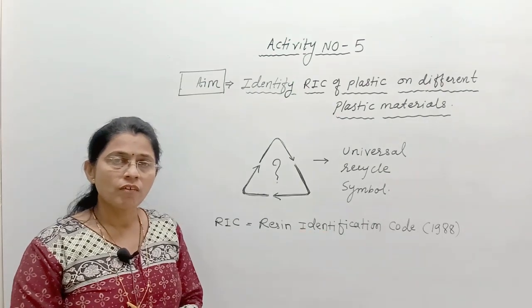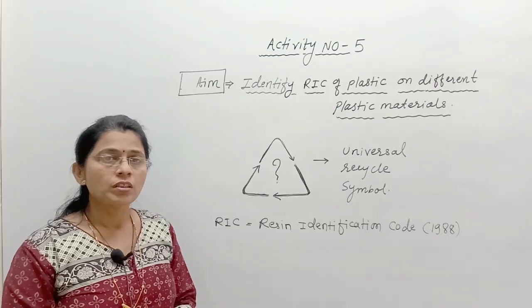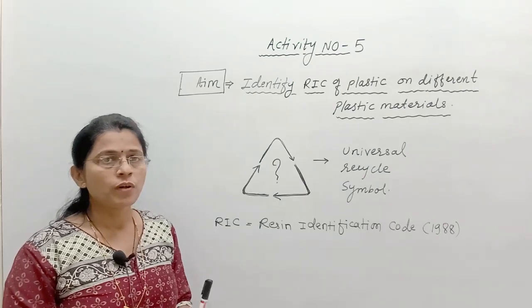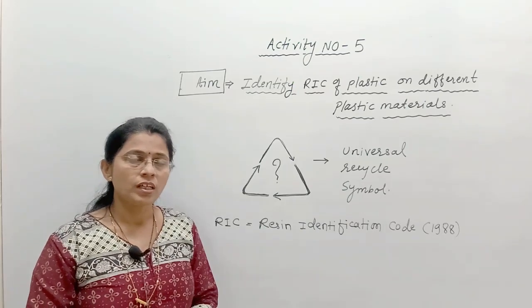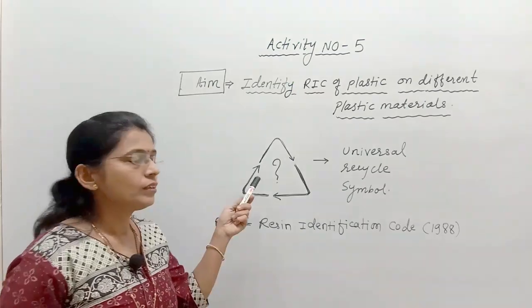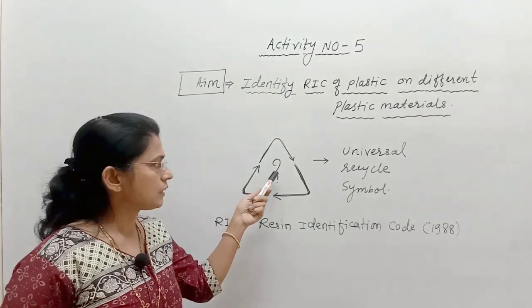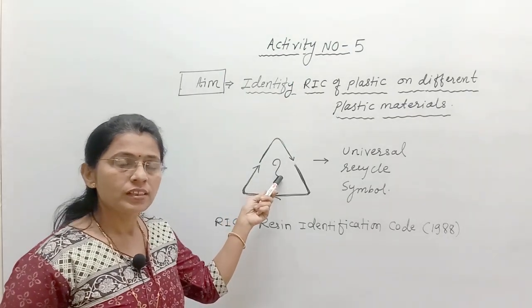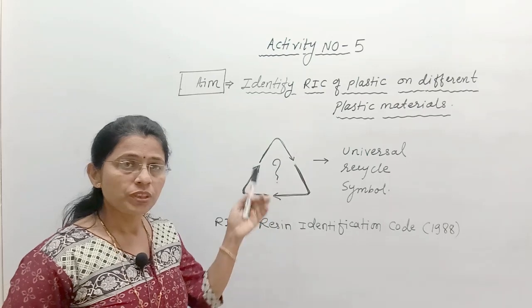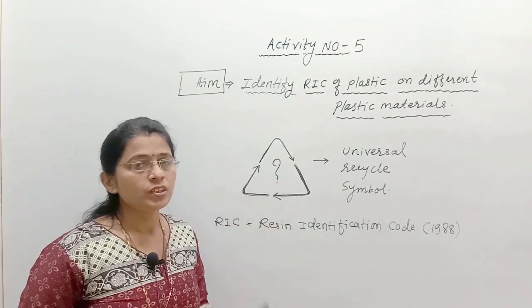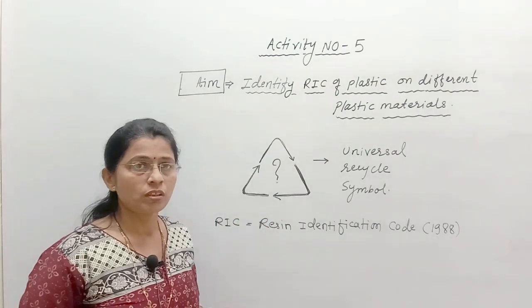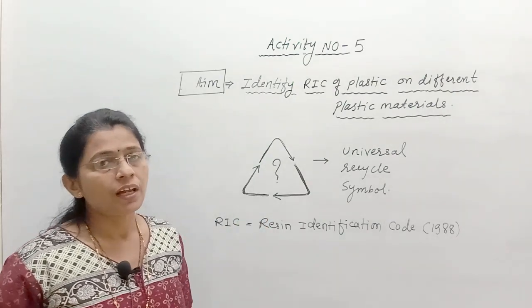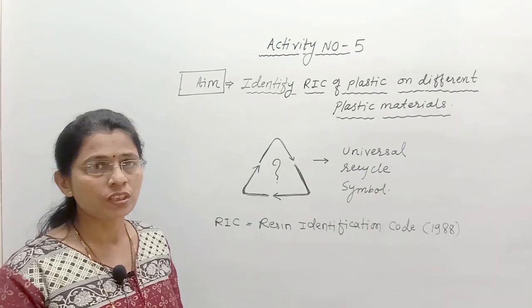These codes were developed for the workers who are working in the plastic industry and those who are working in the recycle industry. This symbol with a certain number in it signifies which type of material is used to prepare that product, and this helps the worker to recycle that plastic more efficiently.